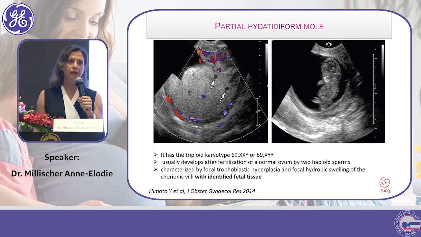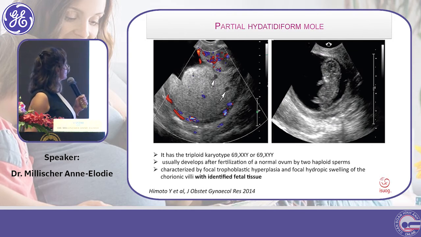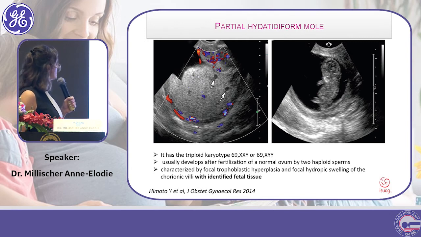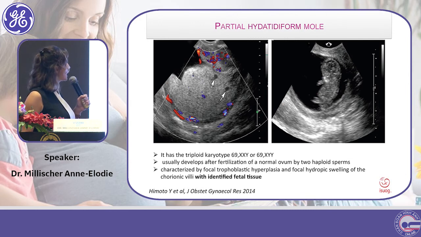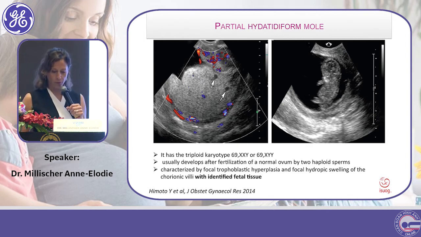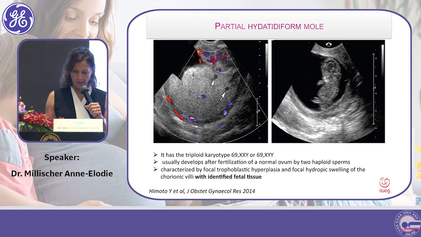It could be partial, and what we have to know when there's a partial hydatidiform mole is that there is an association with the triploid karyotype in the fetus. Và đôi khi các bạn sẽ thấy có một cái hình ảnh giống thai trứng và nó kết hợp với lại có một cái bào thai bên trong. Thì đó là một cái thai trứng bán phần. Okay, so you have the aspect of a mass with less cyst than the previous form. Và cái đặc điểm của cái thai trứng bán phần nó ít cái nang hơn là so với một cái thai trứng toàn phần.